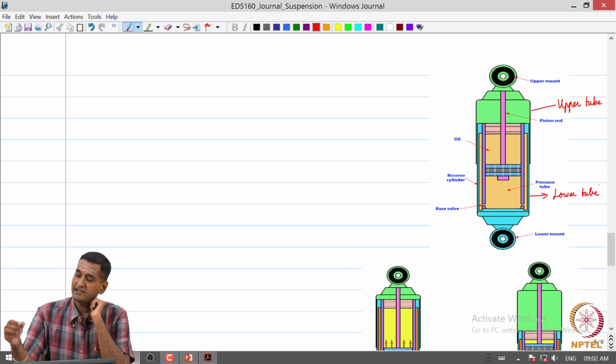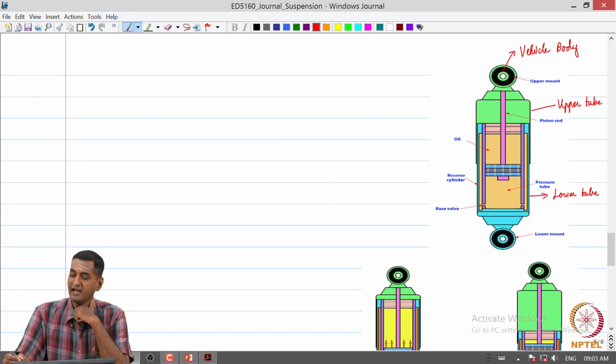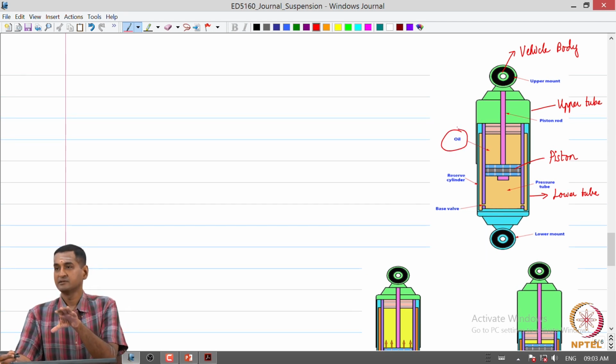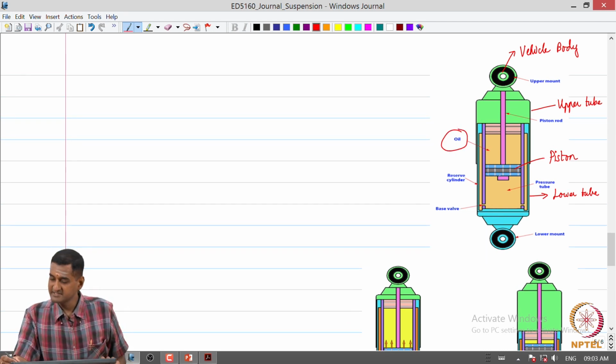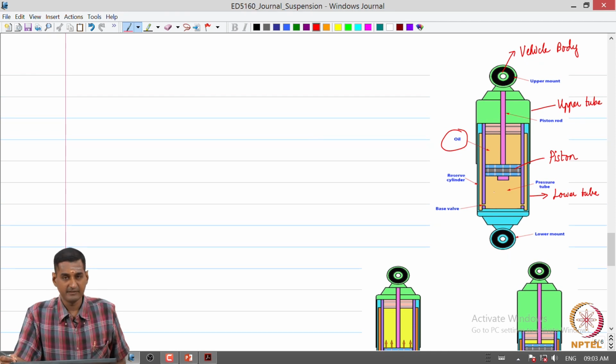We can observe that the upper tube has an upper mount which is connected to the vehicle body. To this upper mount is a piston rod, at the end of which there is a piston, and that is immersed in a hydraulic oil inside this tube arrangement.